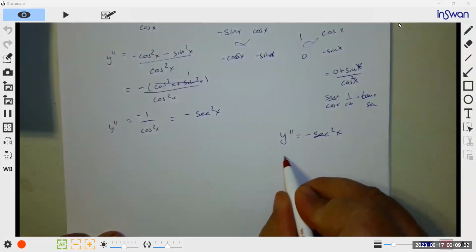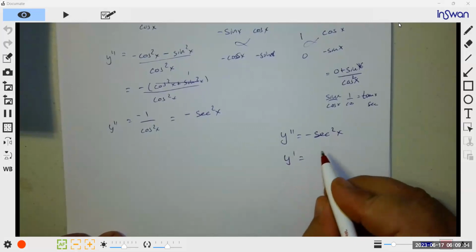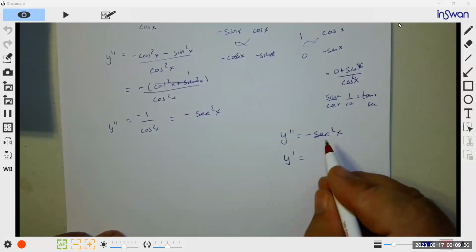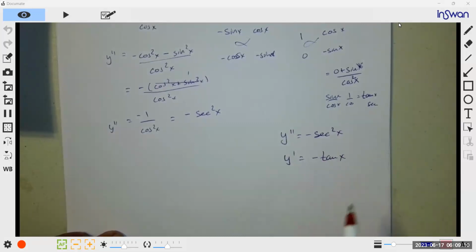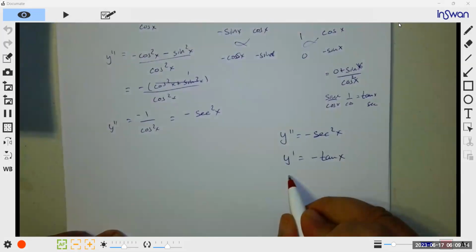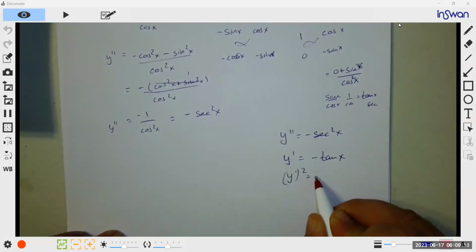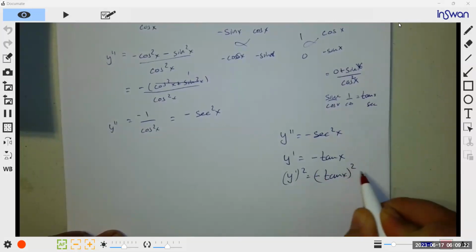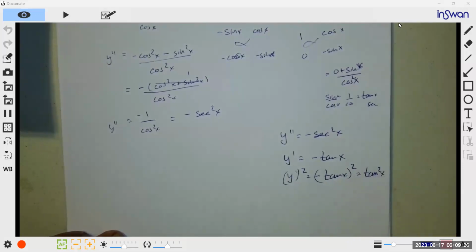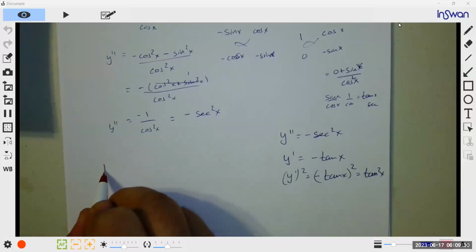We have y prime, which is negative tangent x. We have to square it. Okay, so we can plug that in there.